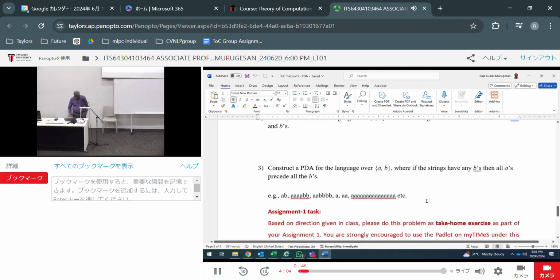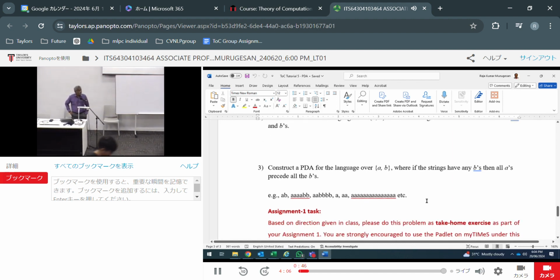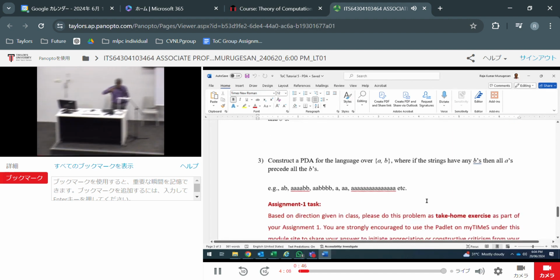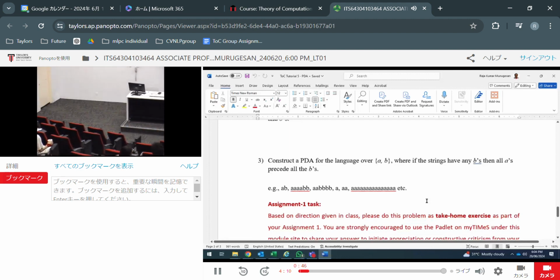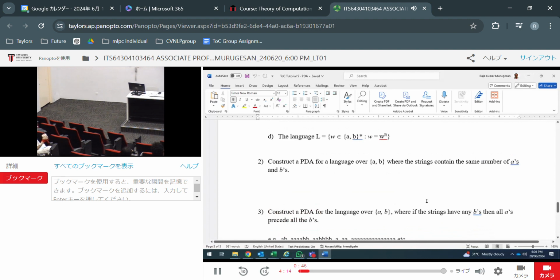And if time permits, I will do question number 2 as well. So the entire PDA would have been covered by today for both tutorial batches, so that you have enough time before you go for the test next Thursday.